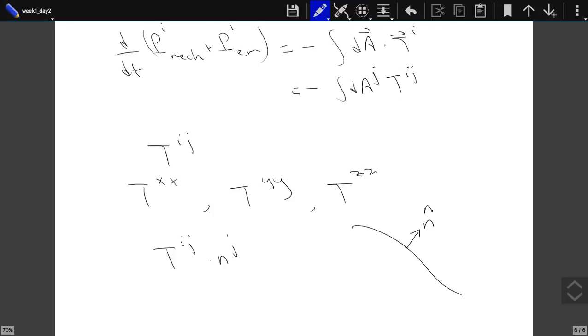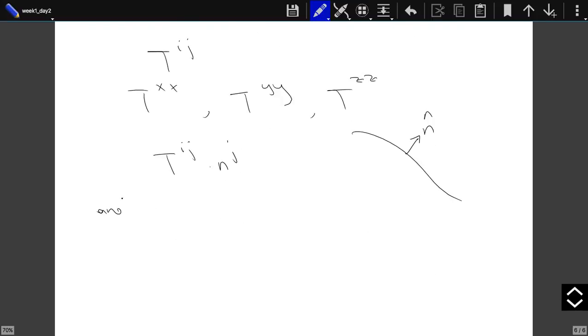Just in analogy, if you have a total current density, just multiply it with the normal direction to any surface. This is the current density passing through your surface. Just like here, for each Ti, Tij are the components of the Ti vector. I'm just taking the j component, multiplying with the j component. I'm taking this scalar product.